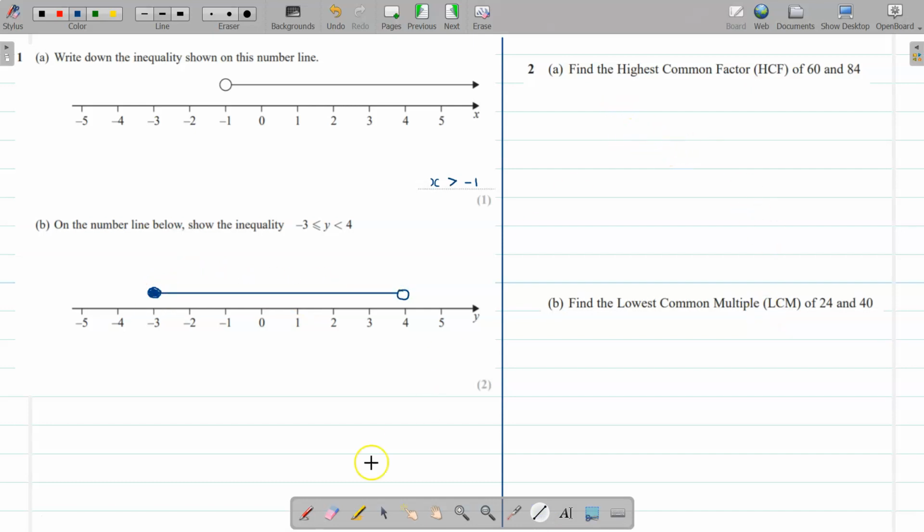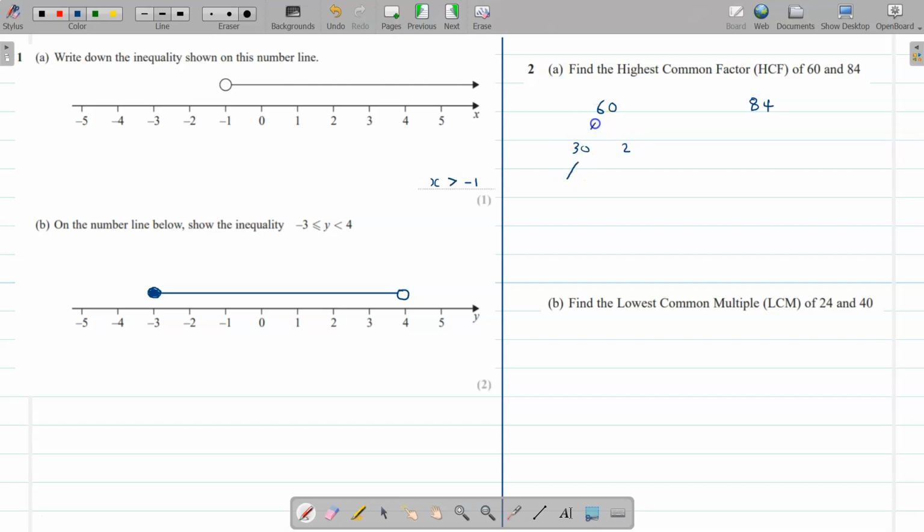Okay, next question. Highest common factor of 60 and 84. Quite easy this. You could probably do this without, but just to show the factor tree, we can have 30 and 2. So these are the prime factors.